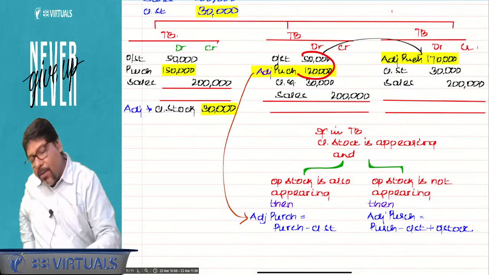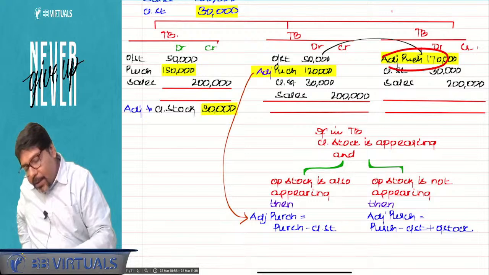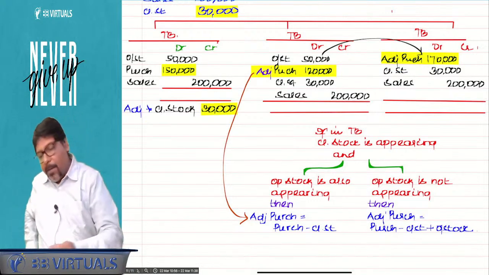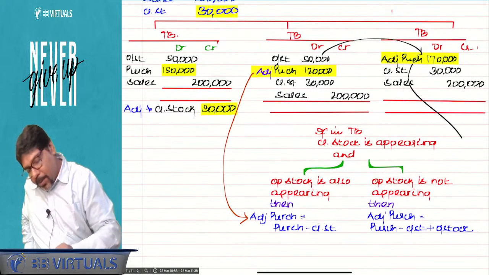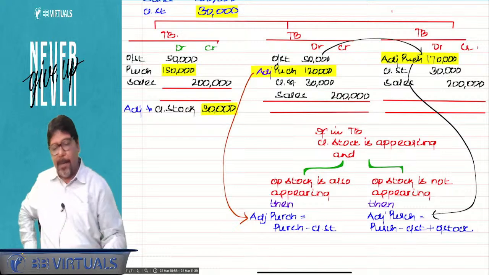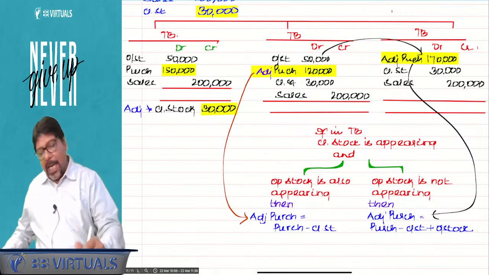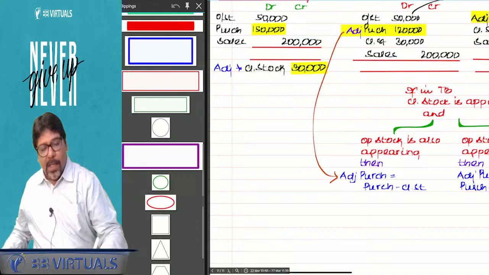If I add these two, I will get this adjusted purchase 170. So this adjusted purchase 170 is what? Purchase minus closing stock plus opening stock. Very good. So this is the formula of adjusted purchase. You understood? Yes, sir. Now chartered.